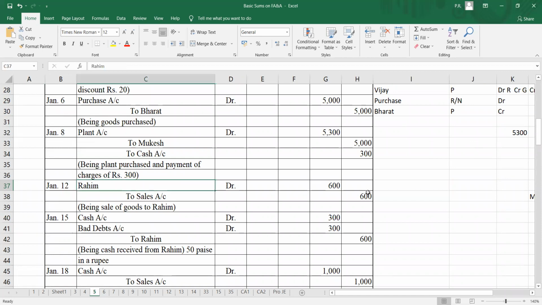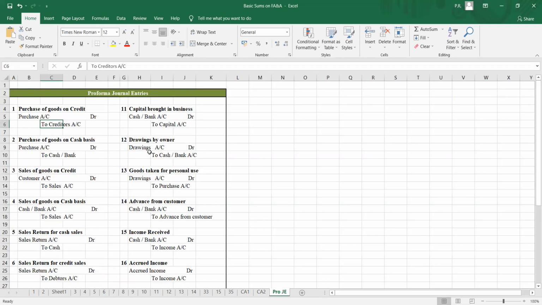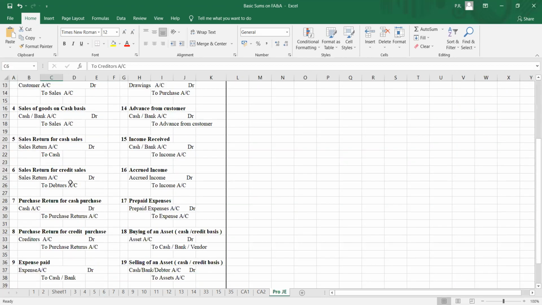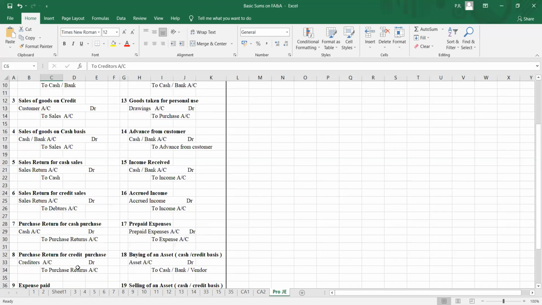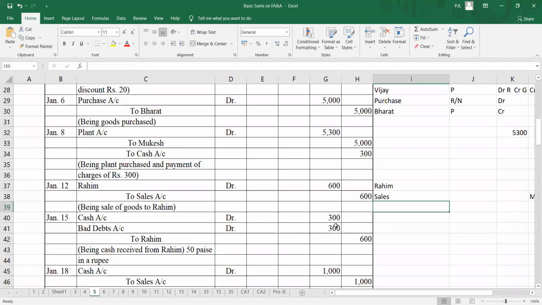this is a sales transaction. So the sales transaction, we have sold goods to Rahim, and we have sales. Please remember again that I have given you such pro forma journal entries, around 20 entries, so that it will help you in the exams so as to pass the correct entry.